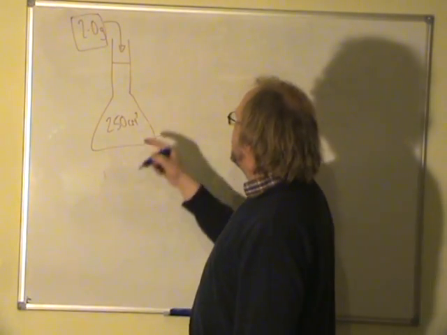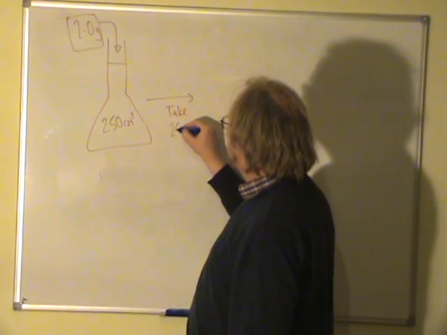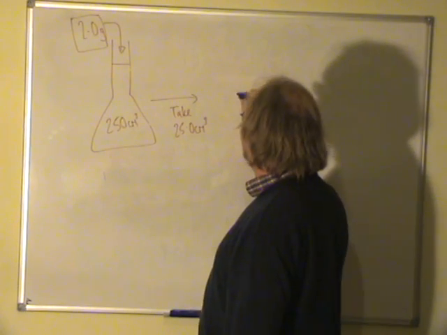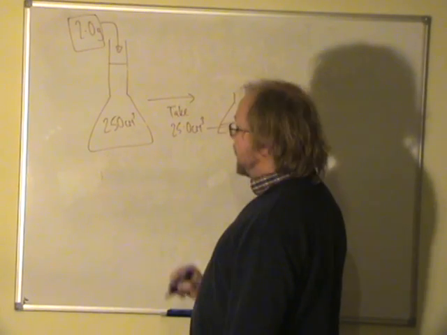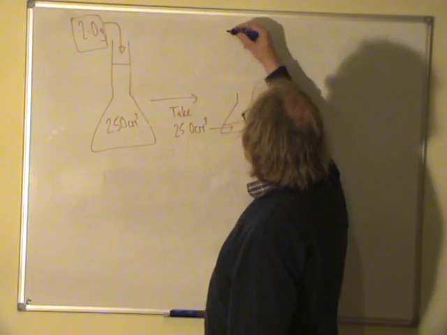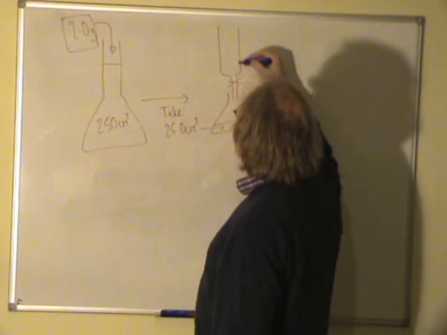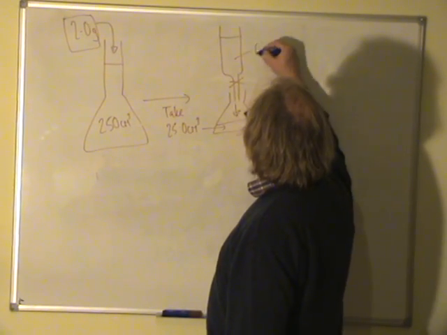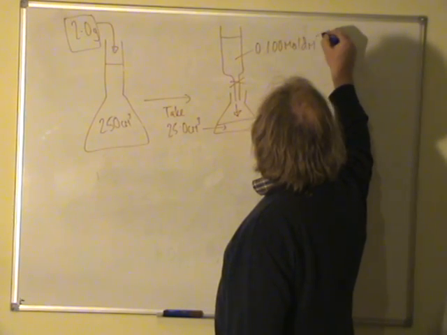And then from that you just take 25 cm cubed and put that in a different flask. So smaller volume now, and react that with sulfuric acid. You can imagine doing that as a titration, so you have a burette up here and the sulfuric acid goes in like that, and that's 0.100 mole per dm cubed sulfuric acid.